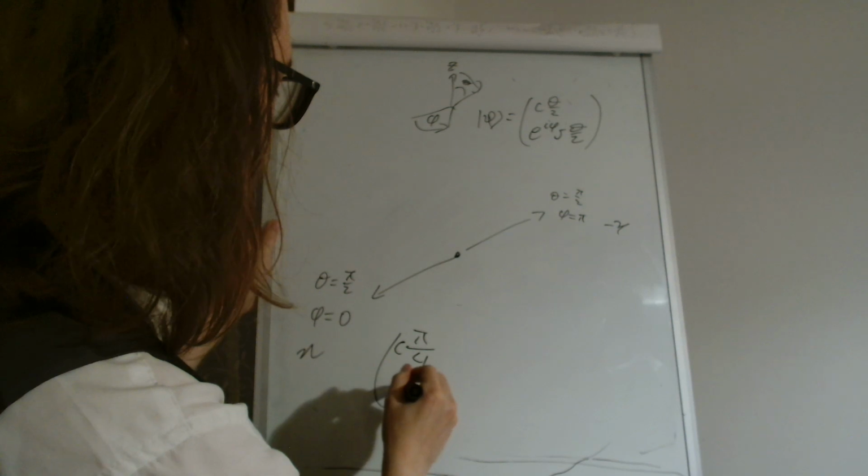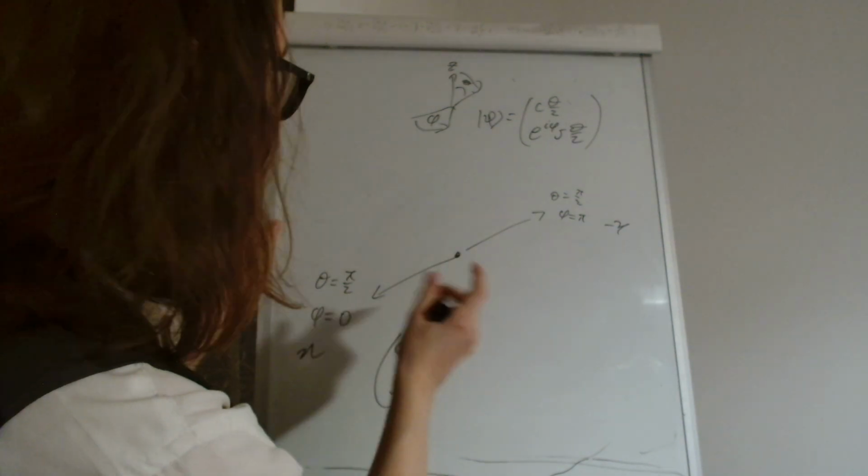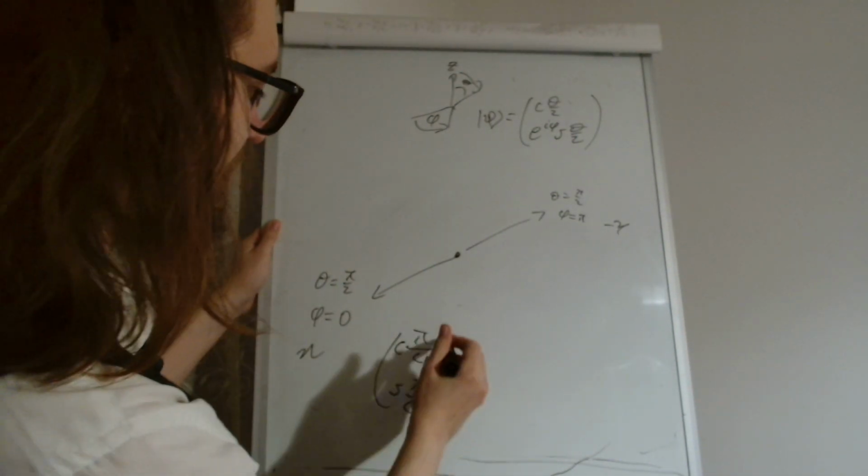Here we have the sine of pi by 4 times e to the i0, which is 1.